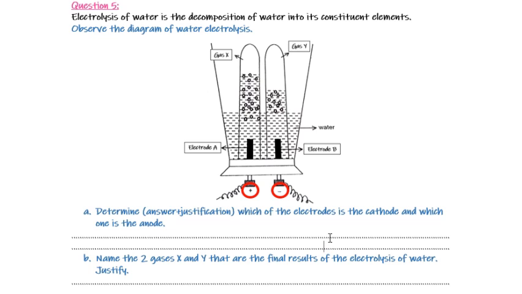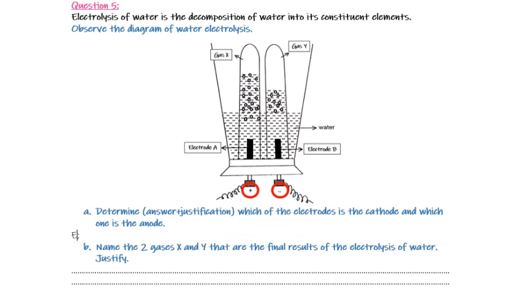This means the electrode B is the cathode. Excellent. Electrode B is the cathode, since it is the electrode that delivers or sends the electrons, right?